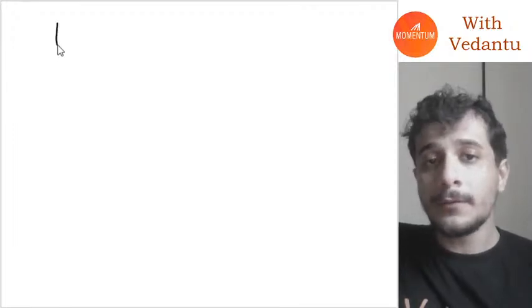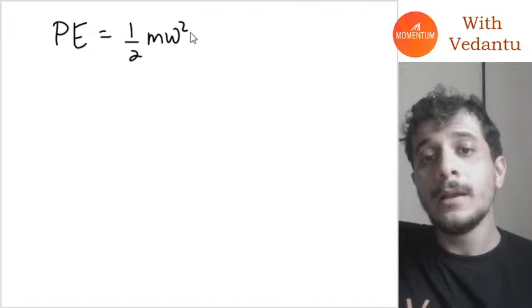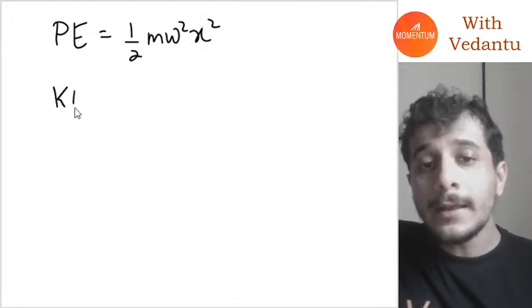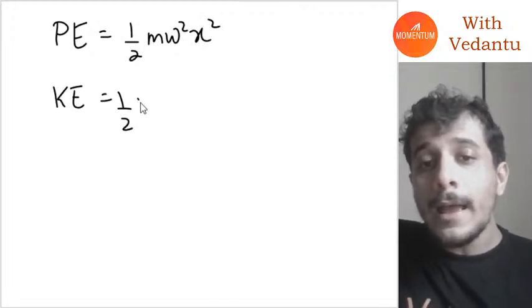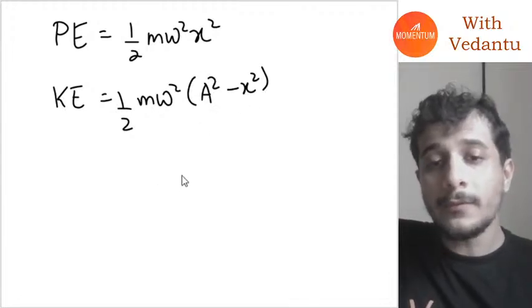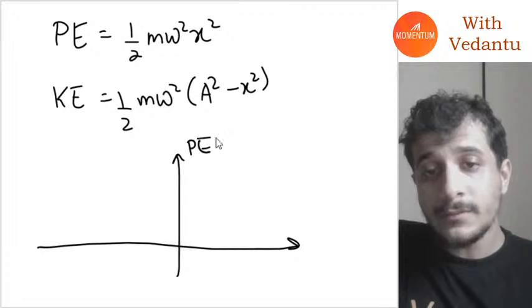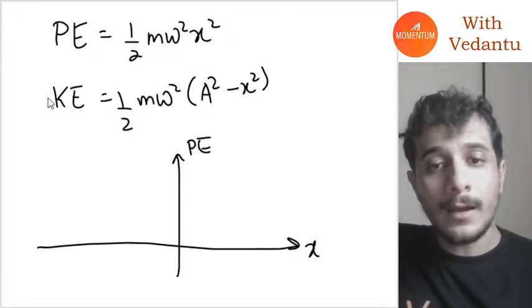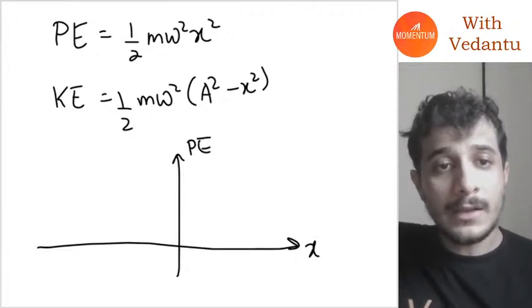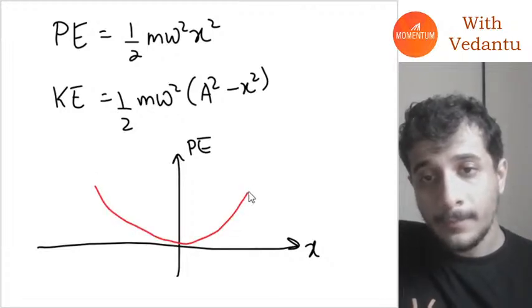You have to remember the formula for potential energy is half m omega square x square. The formula for kinetic energy is half m omega square into a square minus x square. If you draw the graph of potential energy versus x, that graph will look something like this.